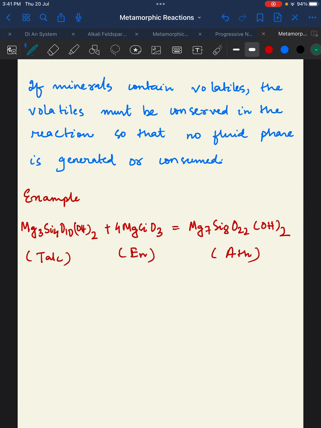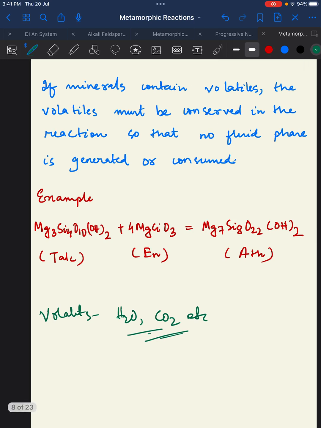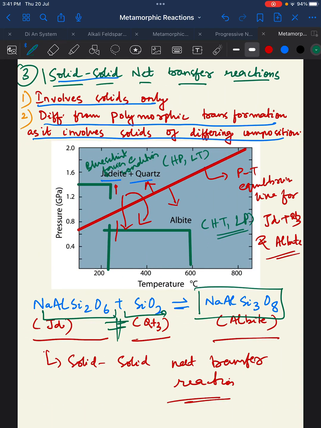If the minerals contain volatiles, and we know that volatiles can be H2O, CO2, etc., then that volatile must also be conserved in the reaction so that no fluid phase is generated. The name of this reaction is solid-solid net transfer reaction.